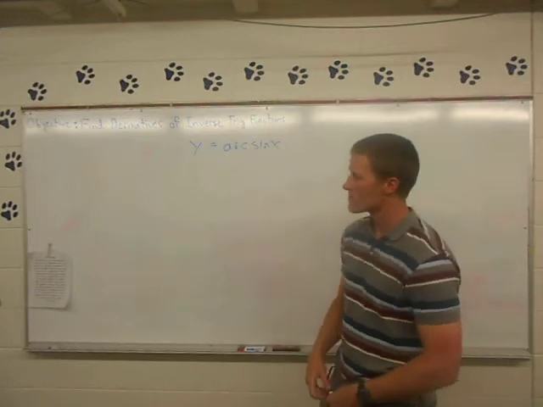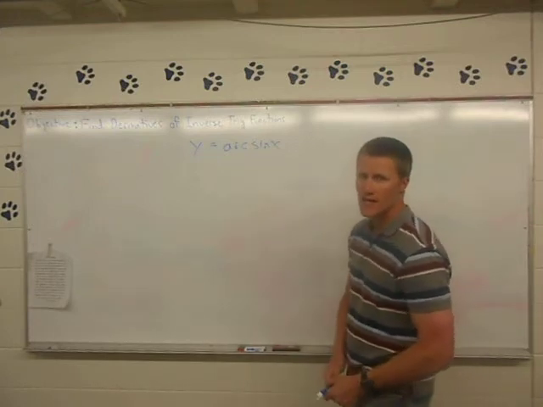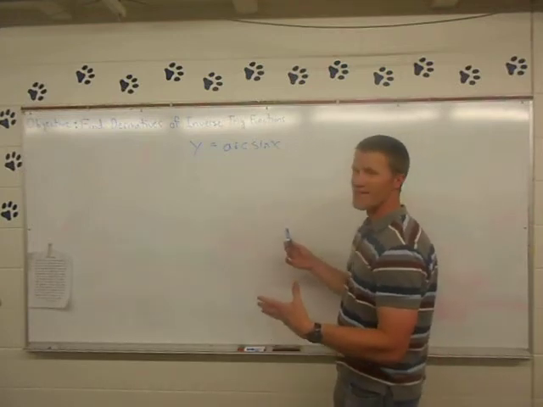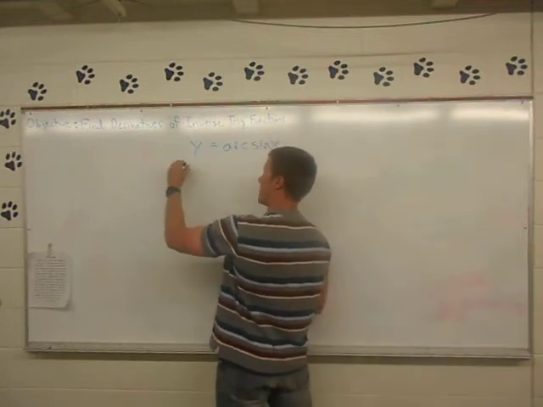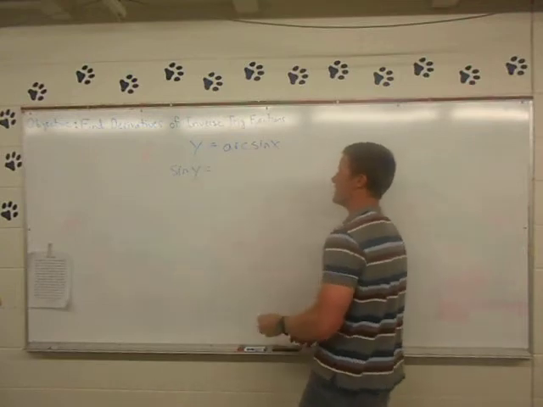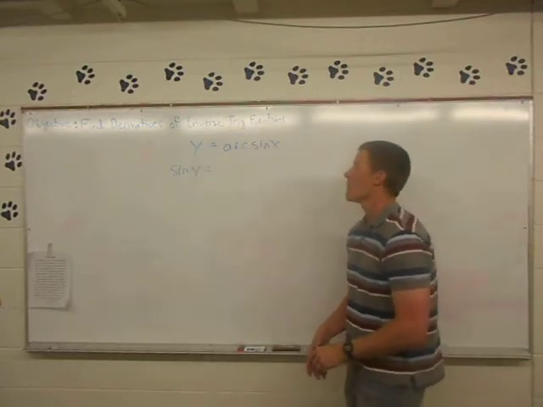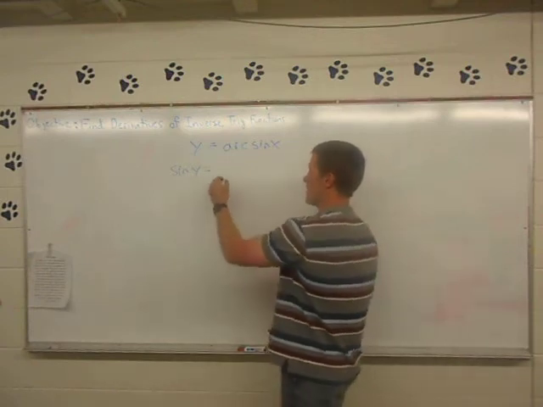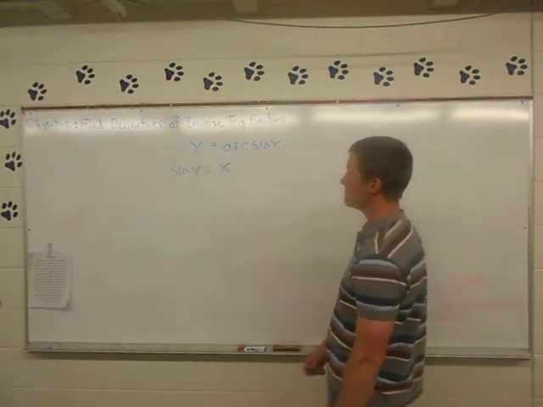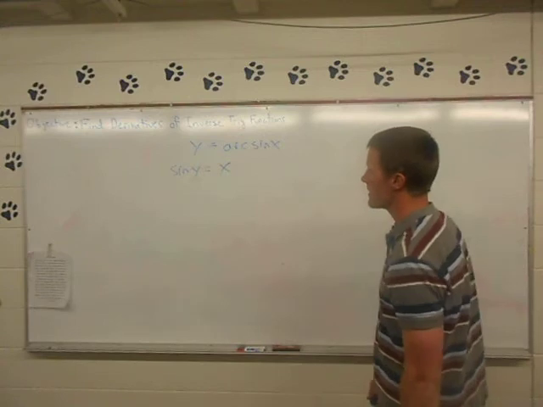In logarithmic differentiation, you take the log of both sides. Here we're going to take the sine of both sides. So sine y equals the sine of arc sine of x. Well, those are inverse operations, inverse functions. We'll get our x on the right side. So that's taking sine of both sides.